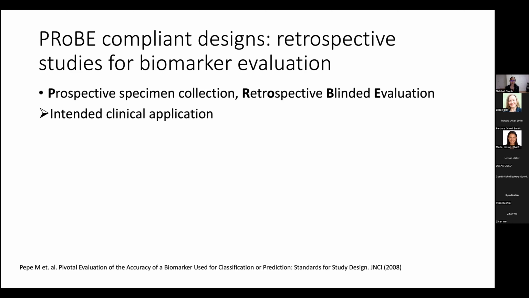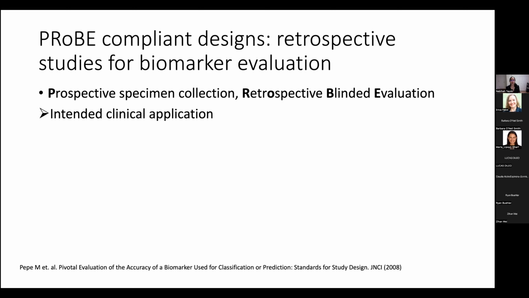So let's say you're doing a biomarker for diagnosis, you have your population of patients where you want to use the biomarker to diagnose. Let's say you see something on an imaging study and you want to be able to decide what to do, and you have a biomarker that you want to use to make the diagnosis.